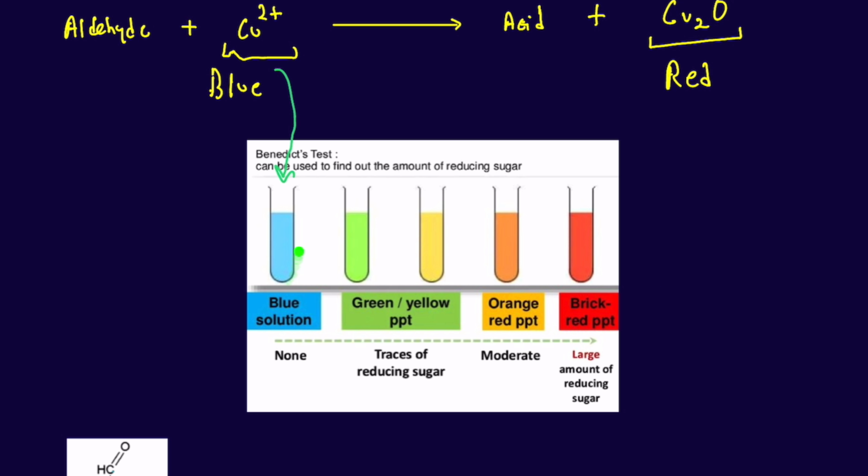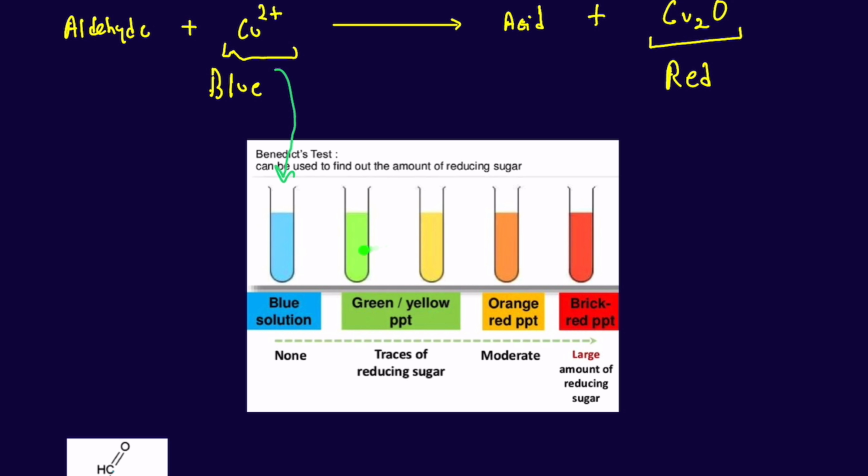Now, if you do have some sort of positive test, or some sort of sugar, or in this case it has an aldehyde functional group, and it does get converted to an acid, or maybe it has only a trace amount in there, or it does not have a super high concentration, then it will still change the color. You can see how it gets converted to a green, yellow, or orange color.